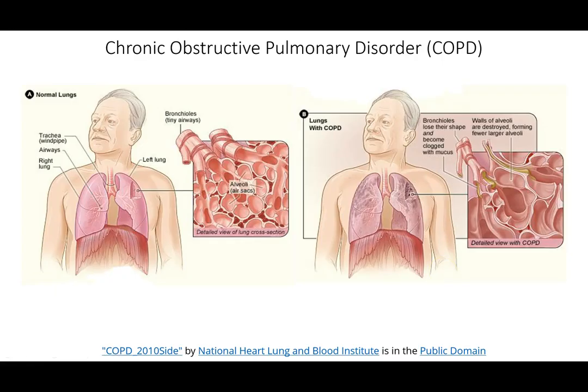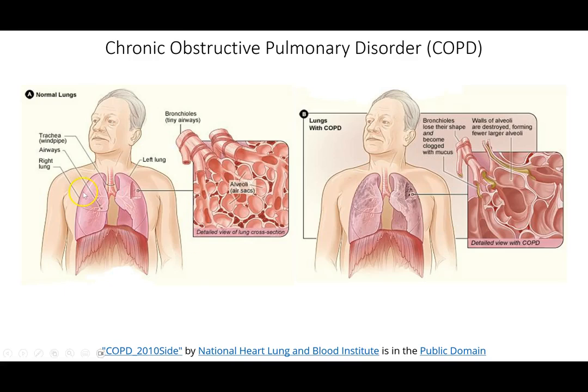So, one disorder that can happen here with this process is chronic obstructive pulmonary disorder, or COPD. This can also sometimes be called chronic bronchitis or emphysema, although it's more accurate now to consider both chronic bronchitis and emphysema to be different components of the overall COPD.